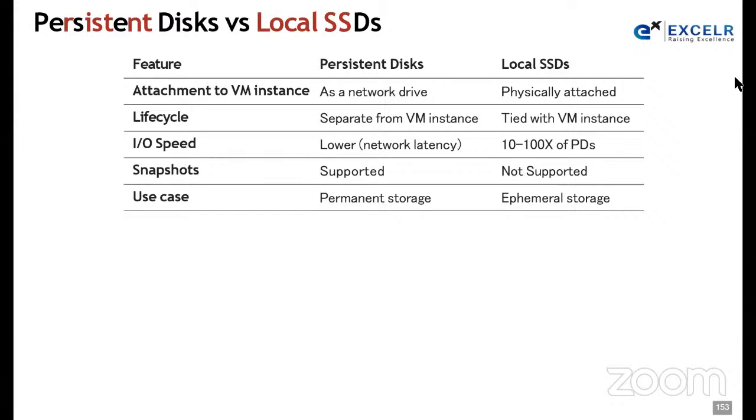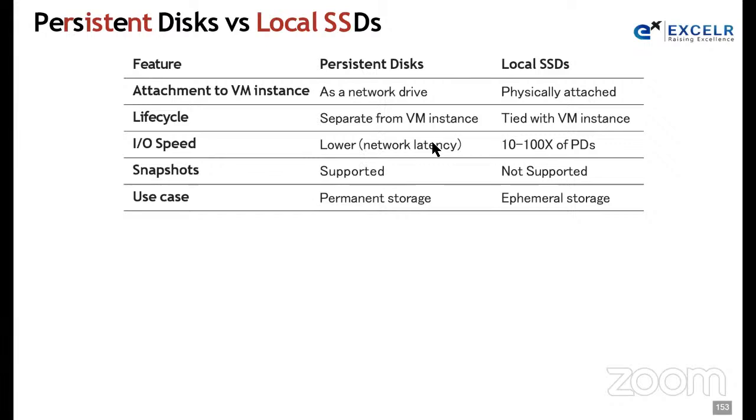If you look at the IOPS provided by PD and your local disk, PD is going to have a higher latency and lower IOPS as compared to your local SSD. The local SSD can provide you almost 100x, that's the maximum limit, 100 times whatever your PD disk can provide you.